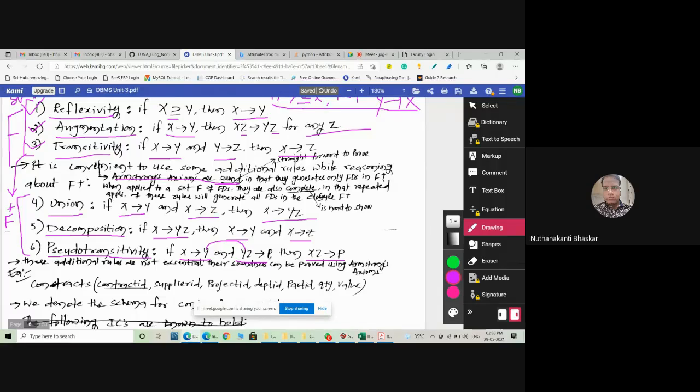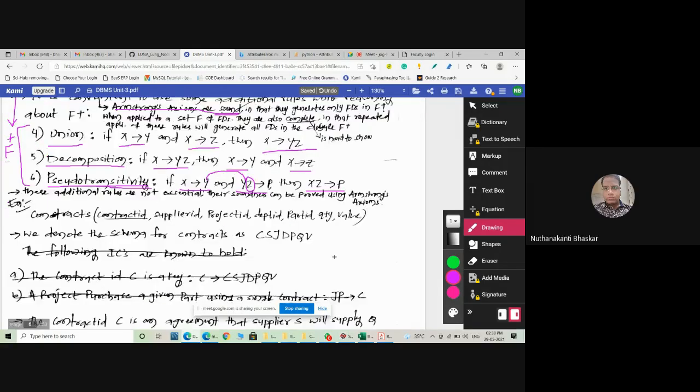In pseudo transitivity, only some part is there: X determines Y, YZ determines P, so you can write XZ determines P. This part is not there, so you take it up into the left side. Then XZ determines P. Clear? This is called pseudo transitivity. All of you clear this?